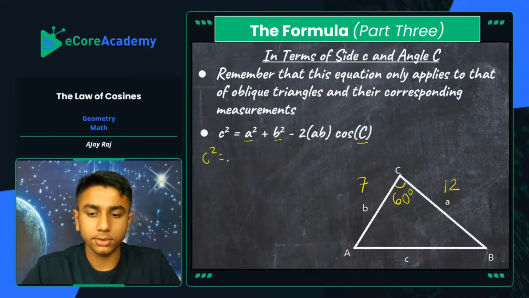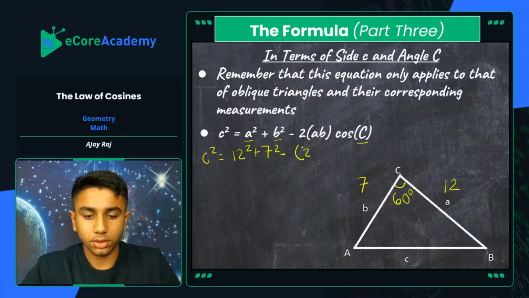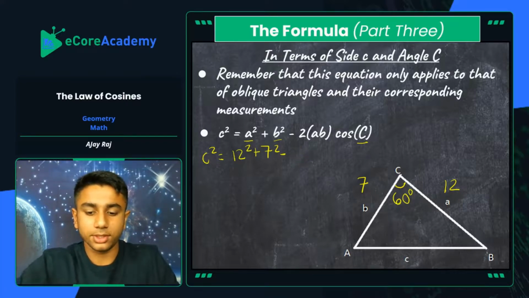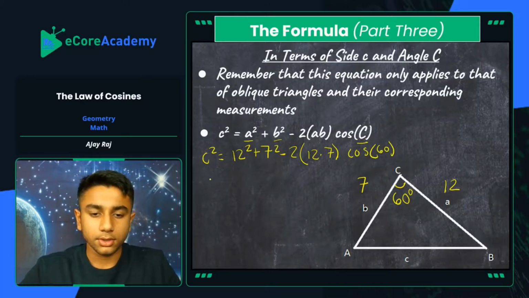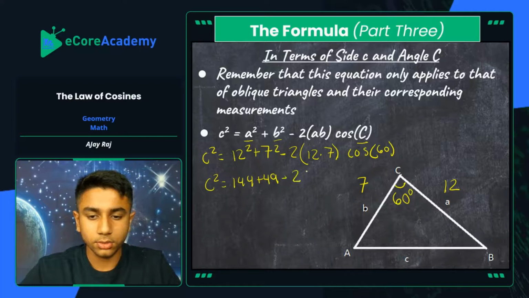So c squared equals a squared, which is 12 squared, plus 7 squared, minus 2, put the 2 inside the parentheses, minus 2 times 12 times 7 multiplied by cosine of C, which is 60. Okay, c squared equals 144 plus 49 minus 2 times 7 times 12, which is 84, times the cosine of 60.